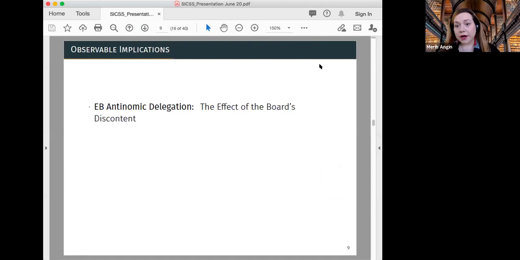But going back to what I was saying, we got to talk about, obviously, the observable implications in order to do process tracing. And by concentrating on the step-by-step process of IMF program design, these 4 cases helped me in testing my argument that both a fragmented political system and severe economic crisis at the domestic level and autonomic delegation from the executive board lead the staff to increase conditionality.